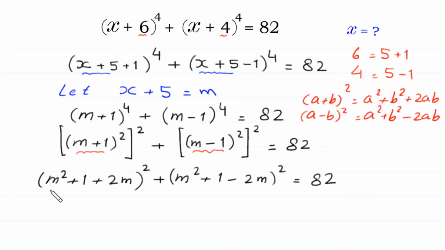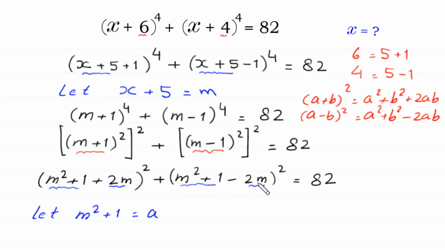Now here we have m squared plus 1 and here we have m squared plus 1. So we suppose this m squared plus 1 is equal to a. Let m^2 + 1 is equal to a, and here we have 2m and here we have 2m.